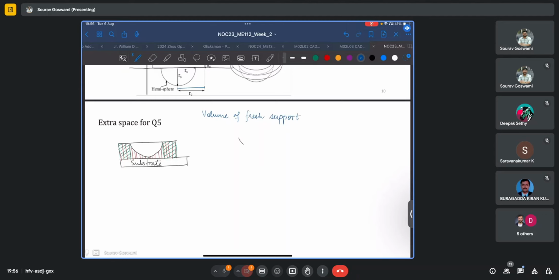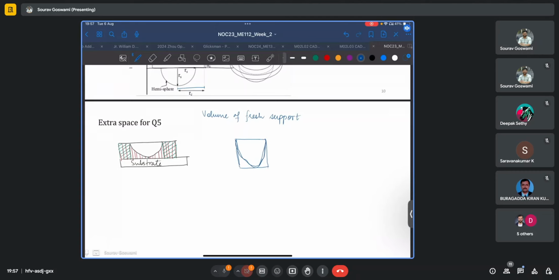Now that region looks something like this, with the bottom touching this square.